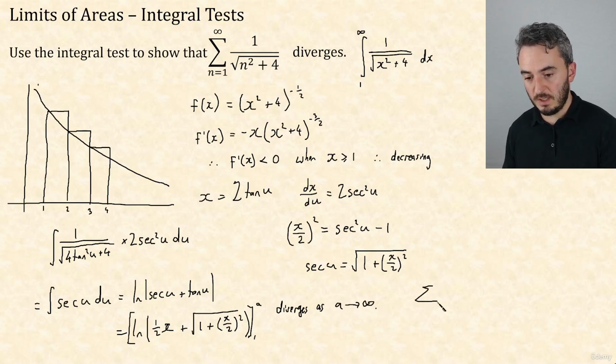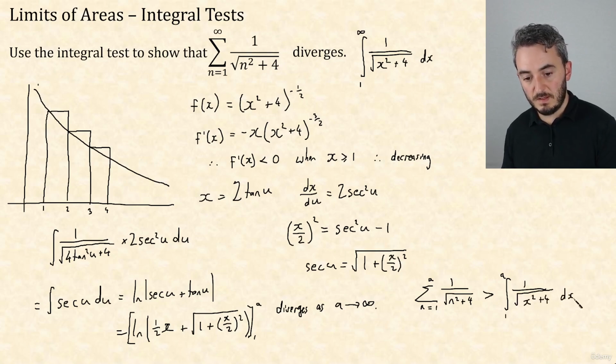Now it's the full argument that the sum from n equals a to infinity of 1 over root n squared plus 4 is in fact always greater than the integral from 1 to a of 1 over root x squared plus 4. And since that diverges, and this is always greater than that, then the left-hand side diverges as well. So therefore, the thing we were trying to show also diverges.